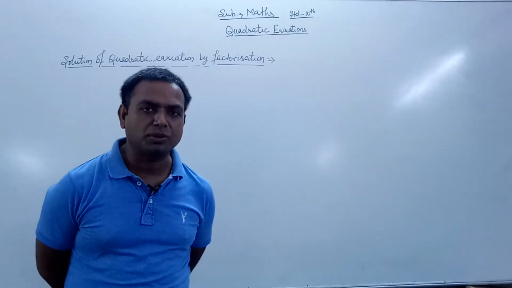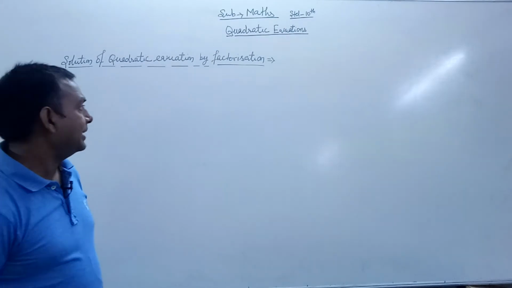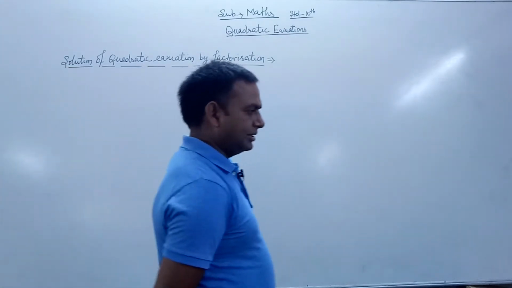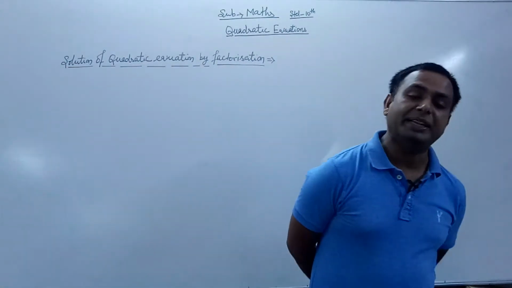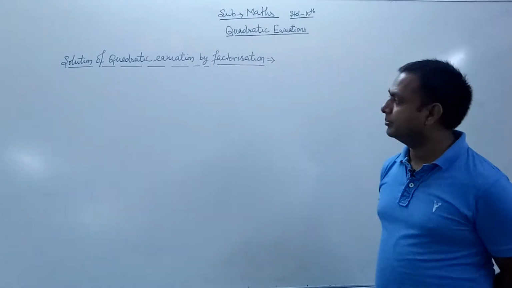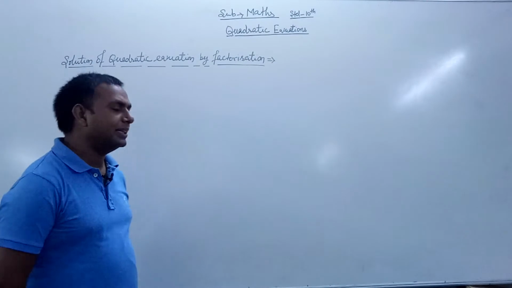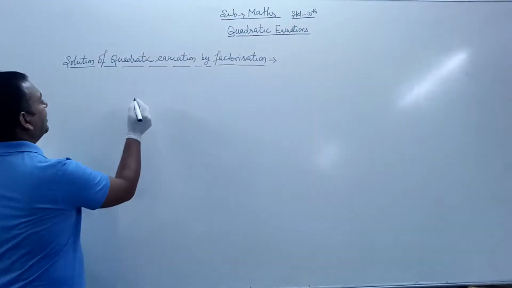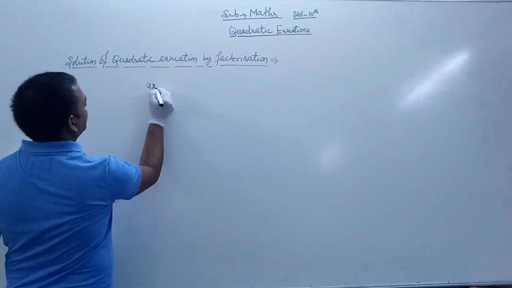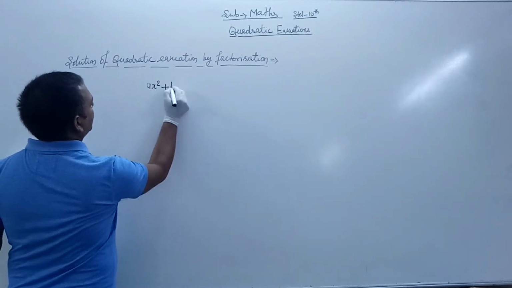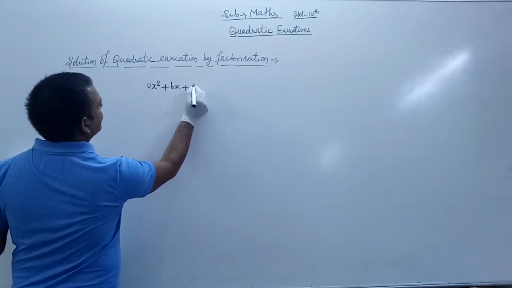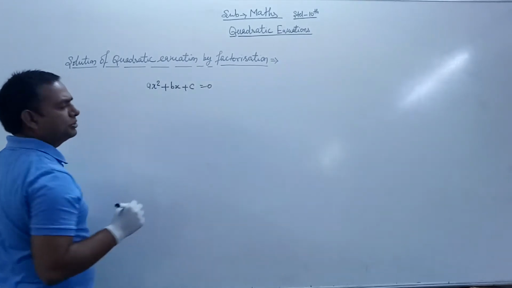For the solution of the quadratic equation, the first method is factorization, which means splitting the middle term. As an example, suppose that you have a standard quadratic equation ax square plus bx plus c equal to 0.